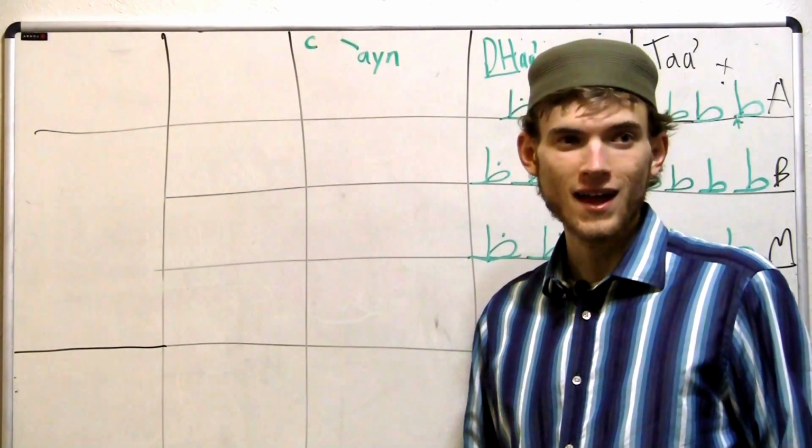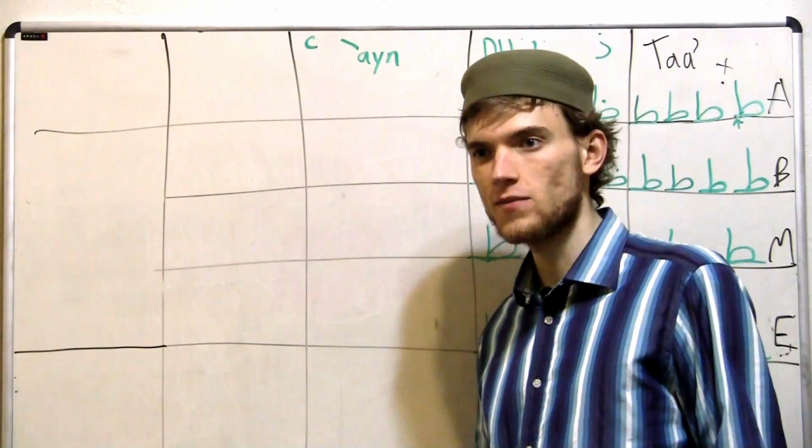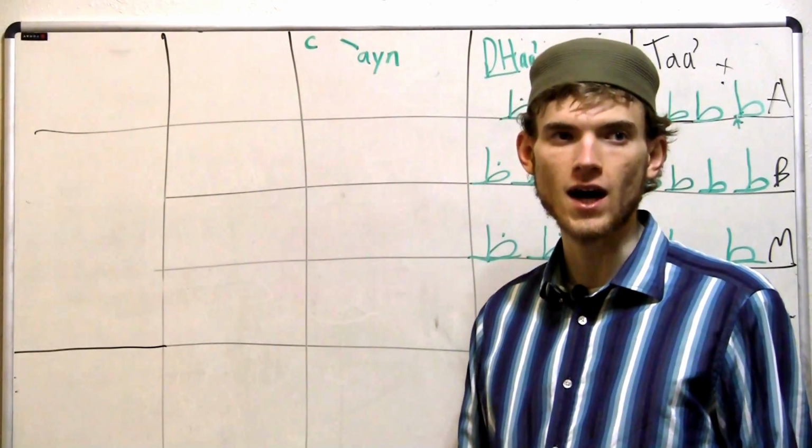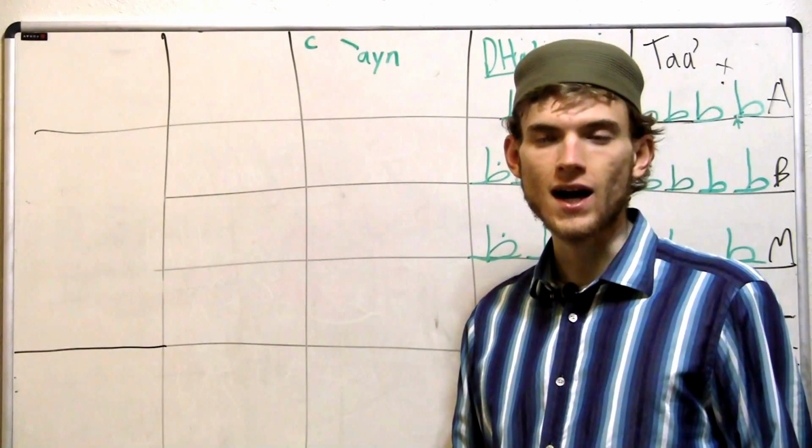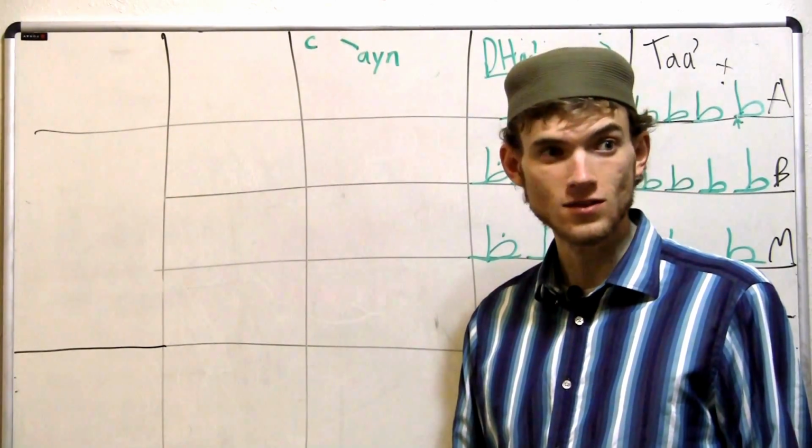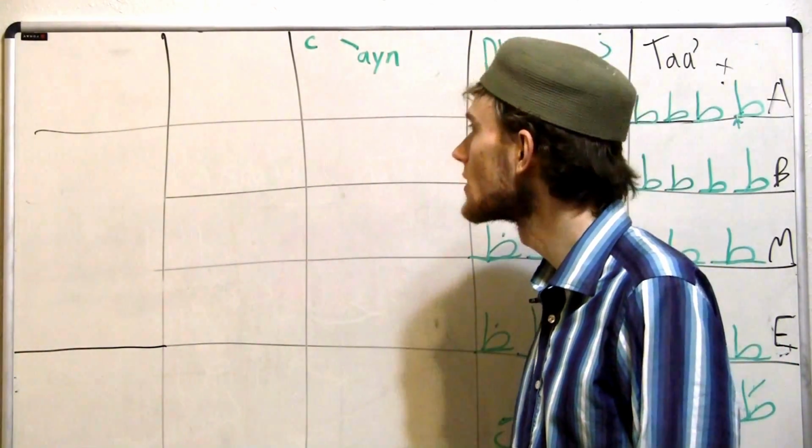Indeed, the word Arabic or Arab is ʿArabī. Everyone say ʿArabī. ʿArabī. Right. So it's a very important sound in Arabic.